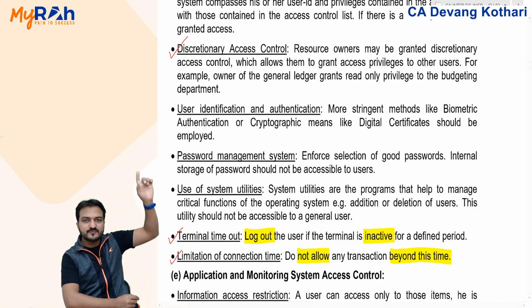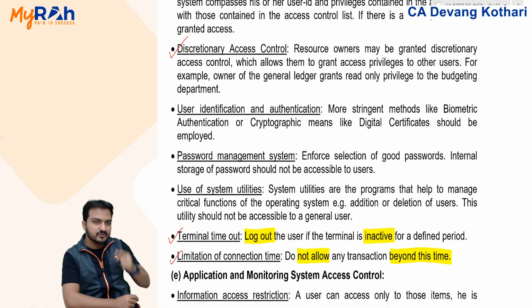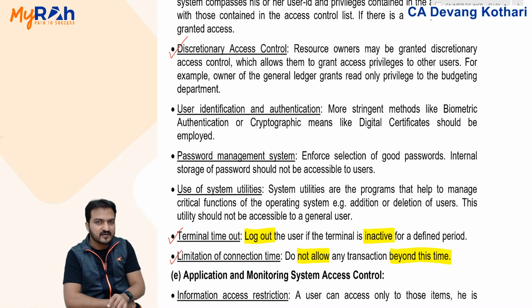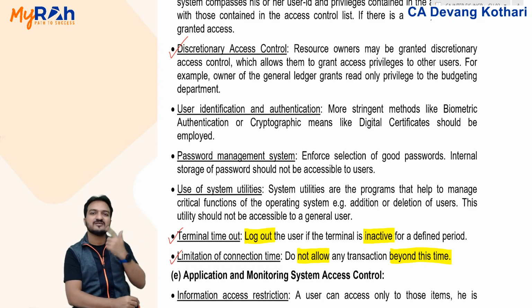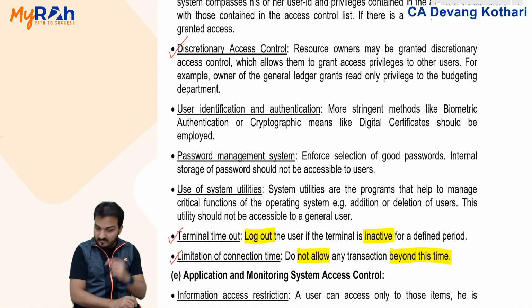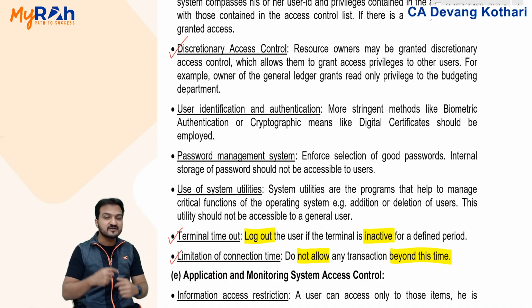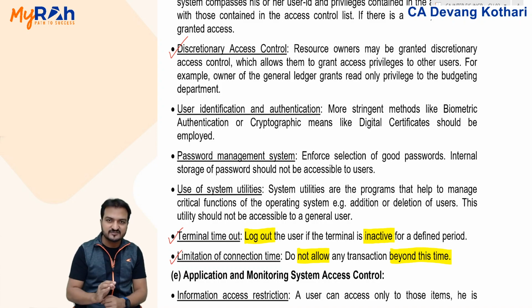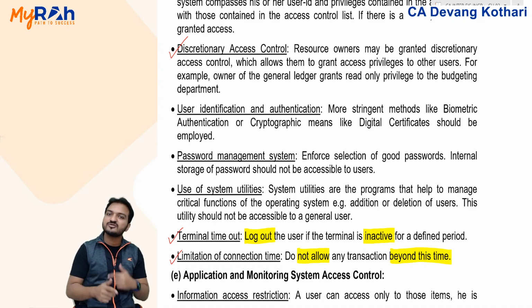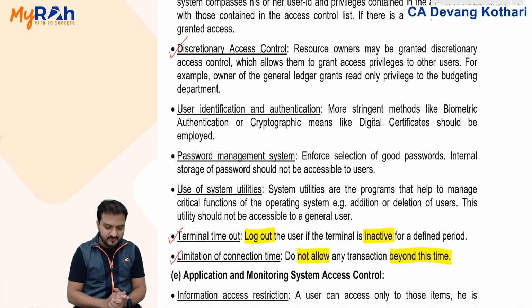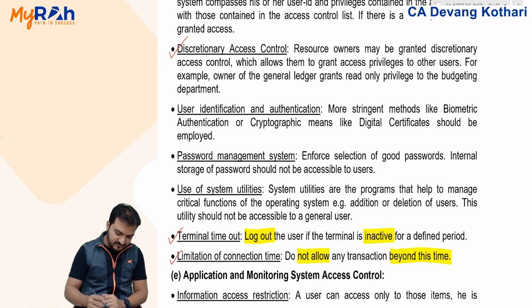Top management has not given me permission to see the sales transactions. But you, being the owner, can give me permission to see your transactions. That means top management has given you discretionary access control. You can share your permission with others at your discretion. That was discretionary access control.